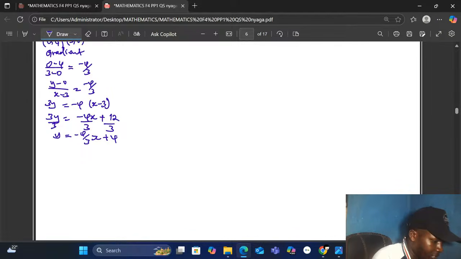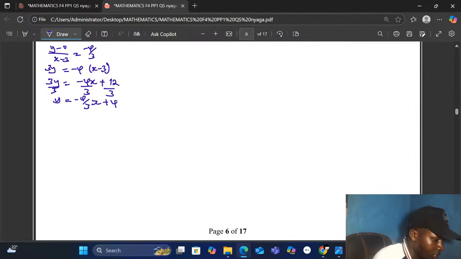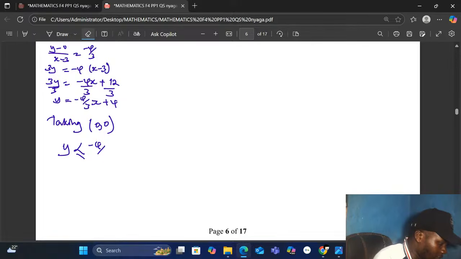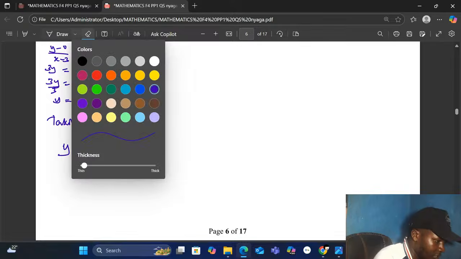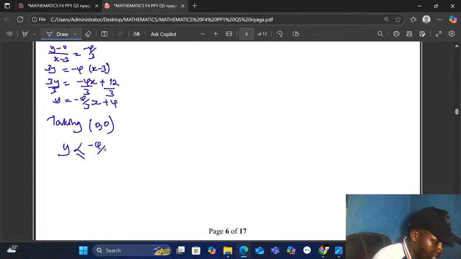Taking point 0, 0, we shall have y less than or equal to negative 4 over 3x plus 4.